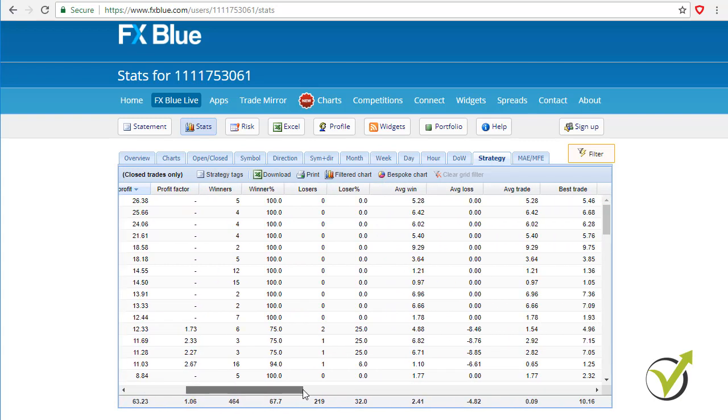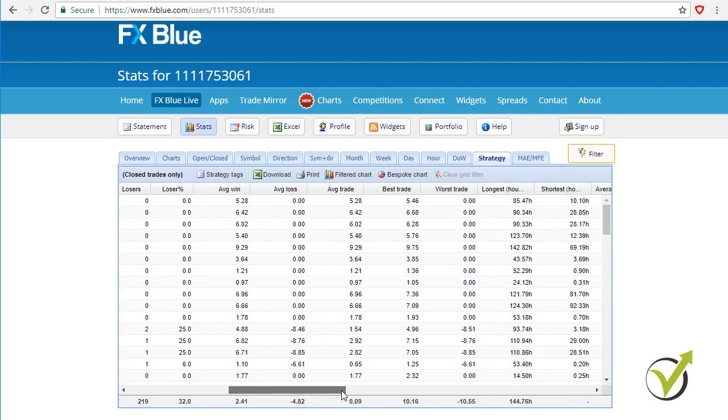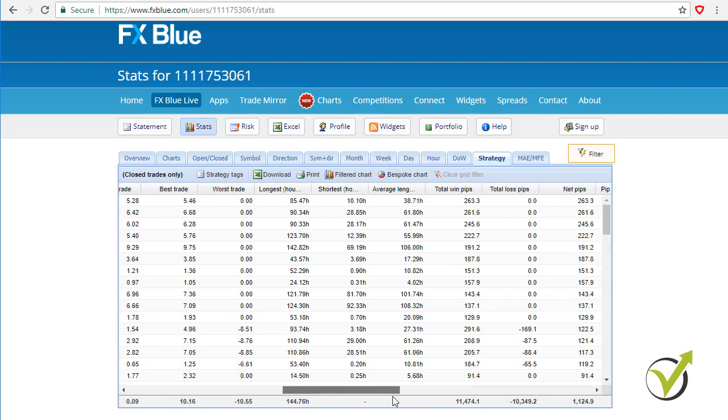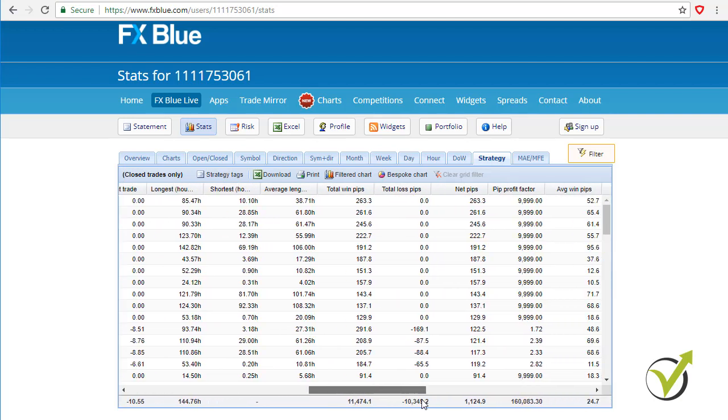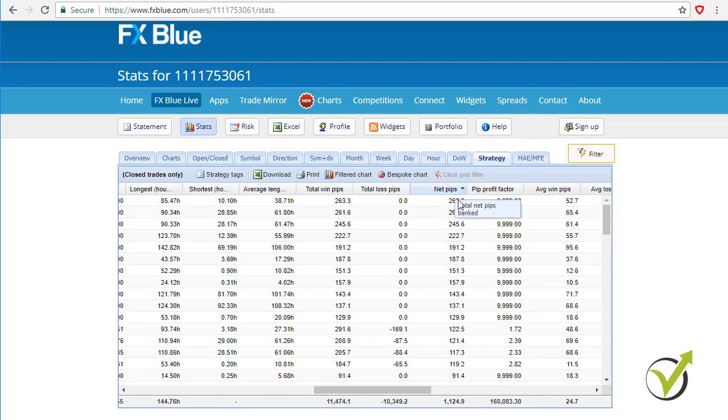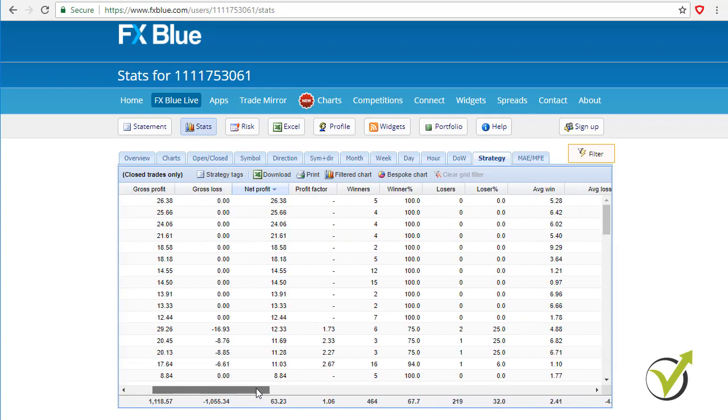If I scroll to the right side, you will see so many statistics that you can have a look at. But if you look at the pips that were made, this is a total of 1,124.9 net pips, which for me is a fantastic result for this short period of trading.